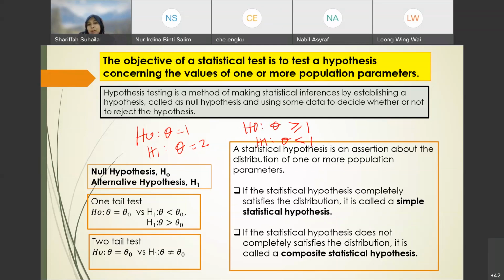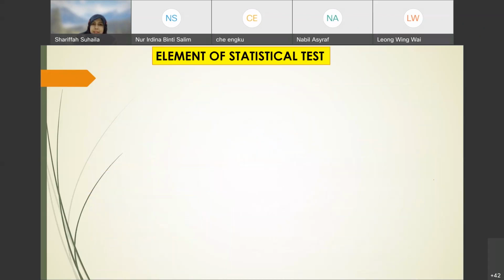It does not completely satisfy the distribution. Because let's say kita ada theta greater than or equals to 1, it can be 1, it can be 2 or 3 and so on. Okay, it does not completely satisfy the distribution. So that one we call a composite statistical hypothesis. Okay, so itu just definition.